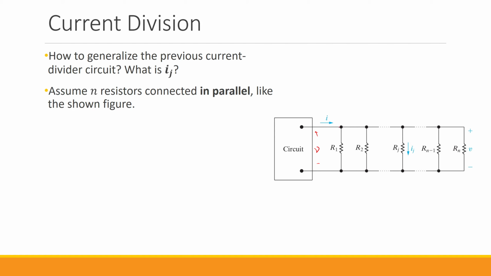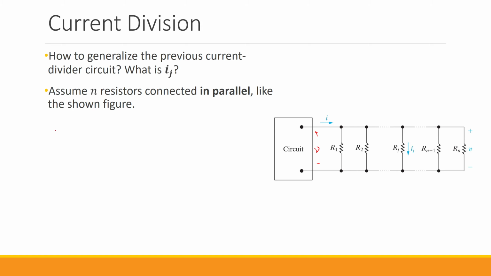But what we can do is write the KCL at this node. So let's quickly write the KCL at this node and see what we get for the generalization of the current division circuit.